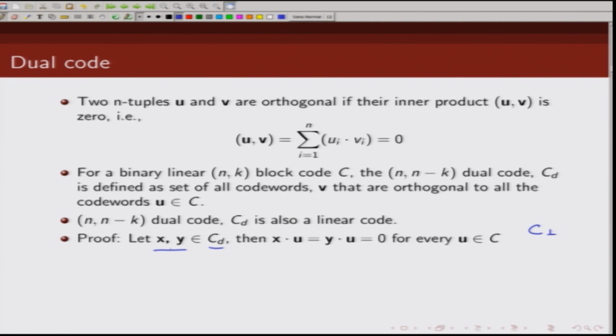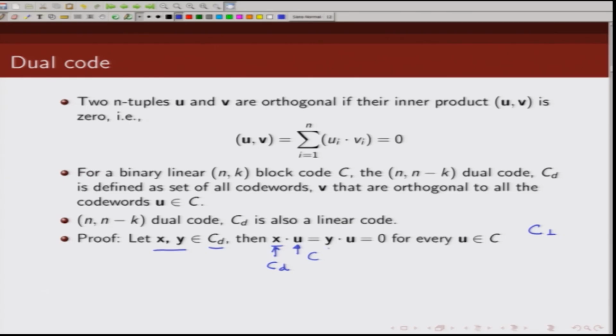Any code word belonging to the dual code is orthogonal to the code words in the original code C. So if u belongs to C and x belongs to the dual code C_D, then x dot u will be 0, because the code word x is orthogonal to code word u.